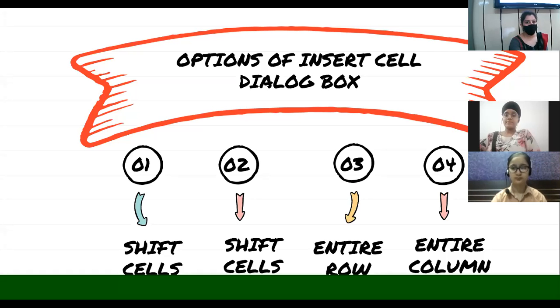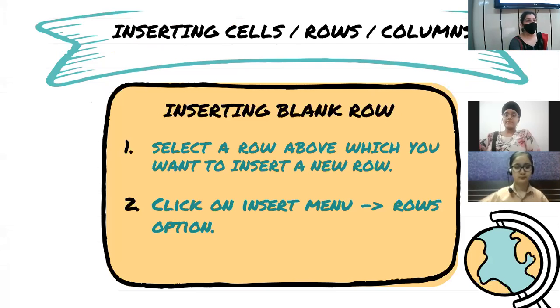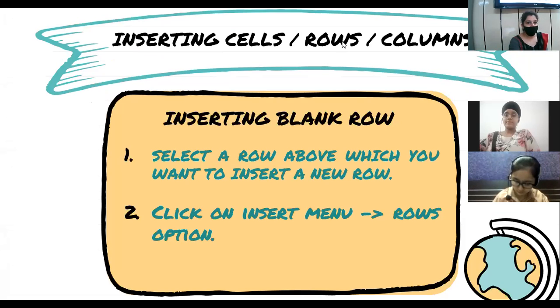Next is inserting a blank row. So earlier we discussed how to insert a cell. Now if I want to insert a complete row, and you know that rows are horizontal, so what will you do? You will select the row above which you want to insert a new row, and then the command is insert menu rows option.